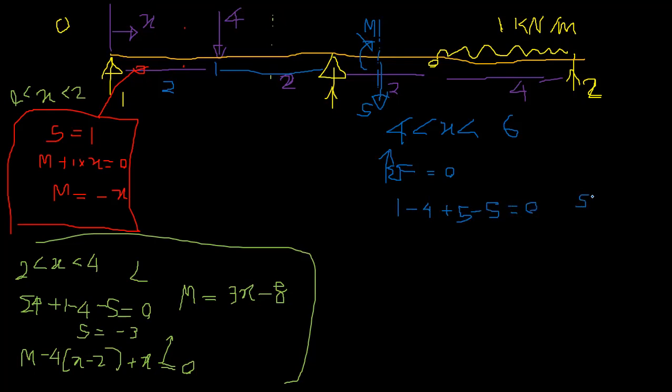So S means how much? 2, right? S is equal to 2 within this region. Within this region, S is 1. Within this region, S is 0. So you can see in those three regions, shear is uniform, right? Not dependent on x. Just keep that in mind, but the bending moment depends on x, right?